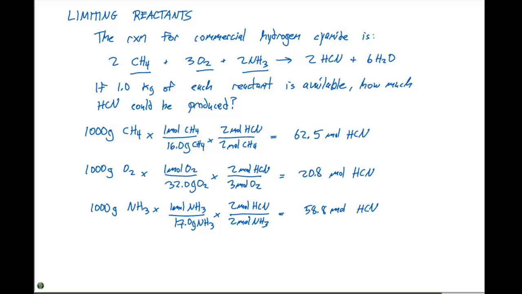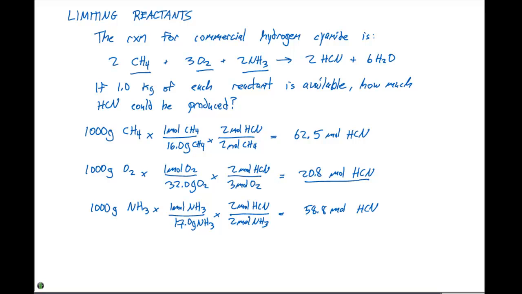So now we can look at these and see the amount that was produced if 1,000 grams of each of our reactants reacted completely. The smallest number of moles produced is going to be produced by consuming all of the O2, or the oxygen gas, because 20.8 moles of HCN is the smallest amount listed.